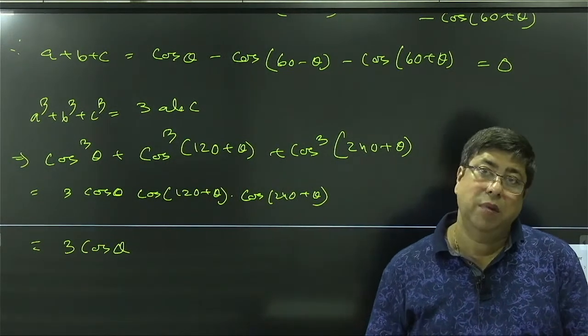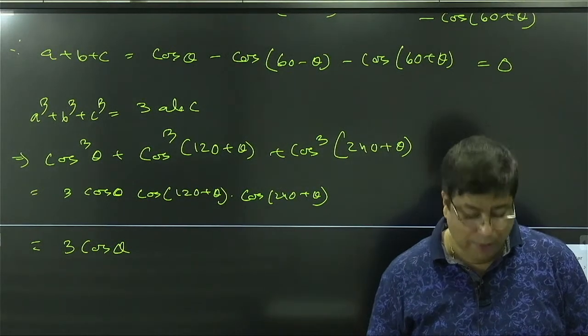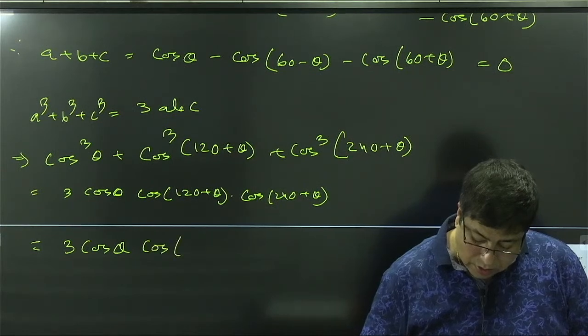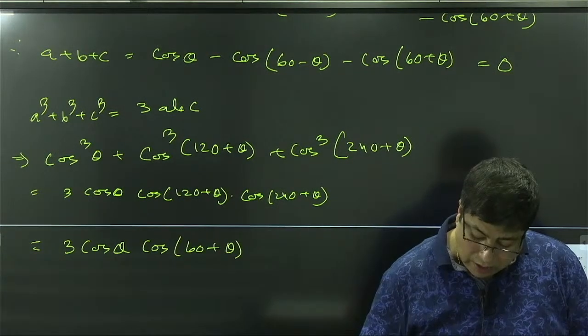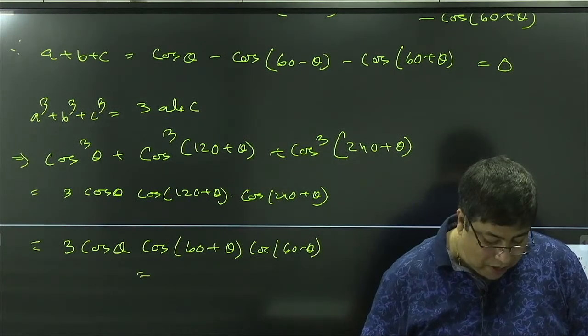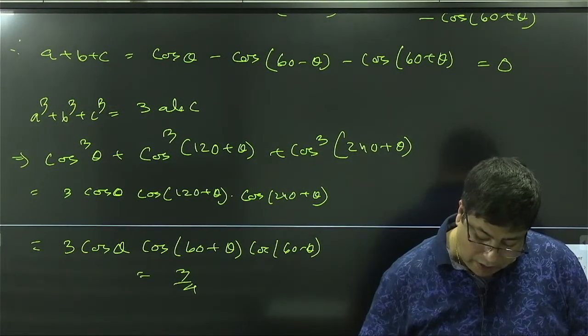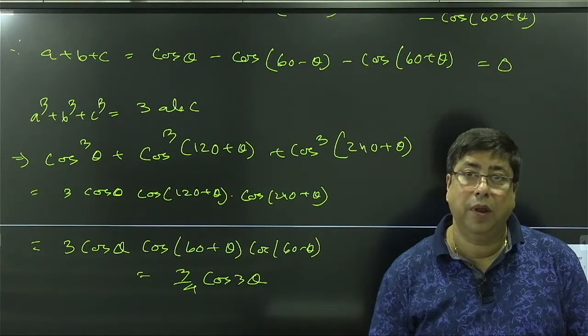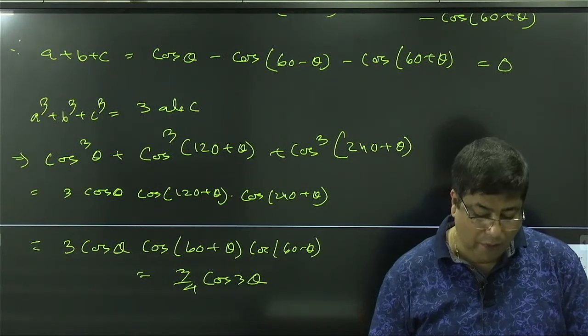This simplification you can do. Okay, cos theta cos 60 plus theta into cos 60 minus theta. Similarly same formula, that is 3 by 4, we are getting here cos 3 theta, and the formula is proved everybody. In this case we have proved the formula.